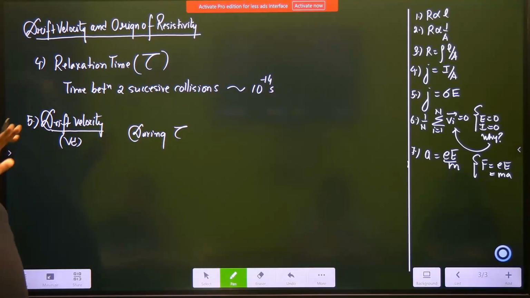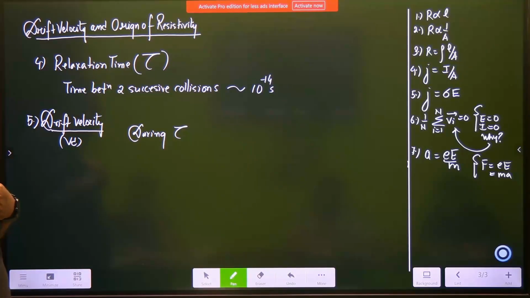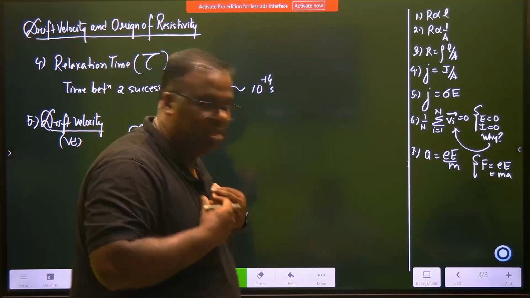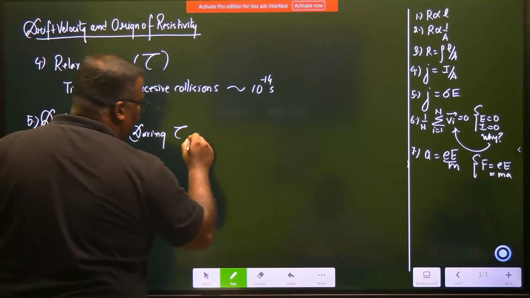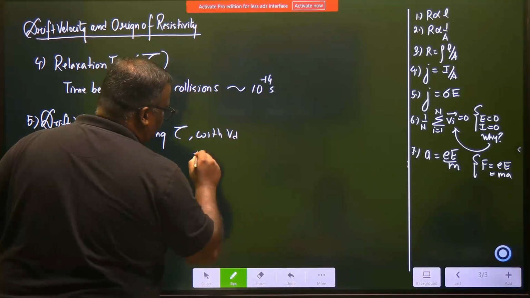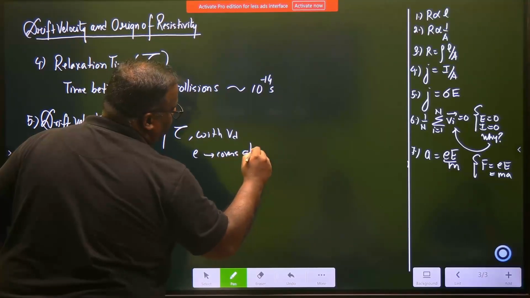Drift is the combination of both the moving average and the electron. I am moving with Vd in time t, speed into time. In time t, that is tau. Don't you think as an electron I moved somewhat ahead? How much? With Vd the electron covers a length.